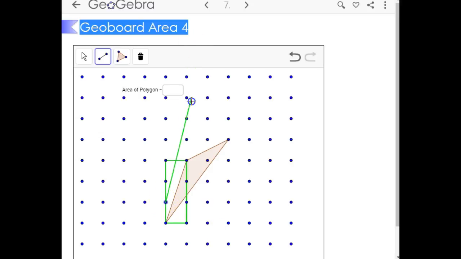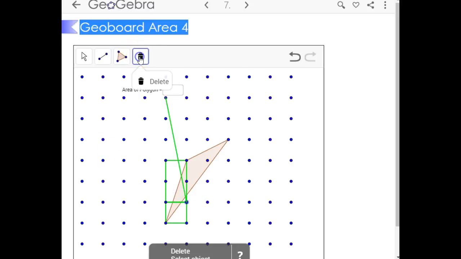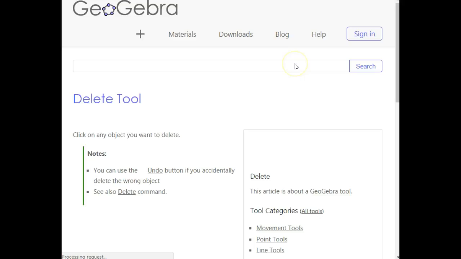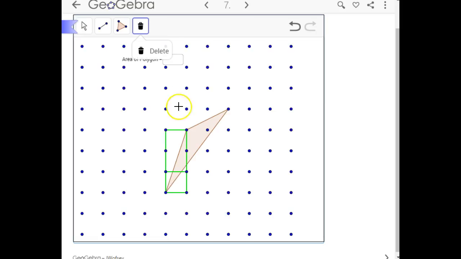I'm looking at this one. Oh, I don't think that's what I wanted to do. Undo. There we go. Undo.